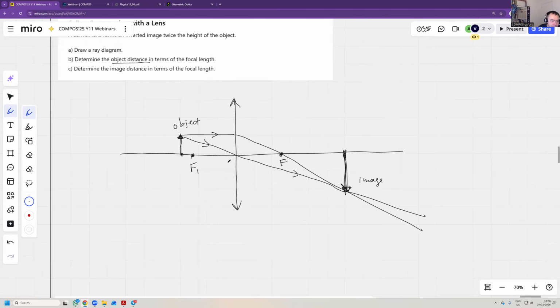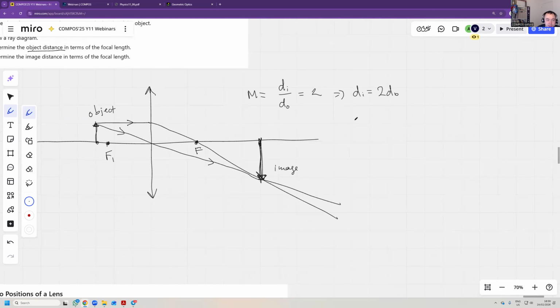Okay, we know that the distance to the image divided by distance to the object, that's magnification. That's equal to 2. Therefore, di is equal to 2 do.